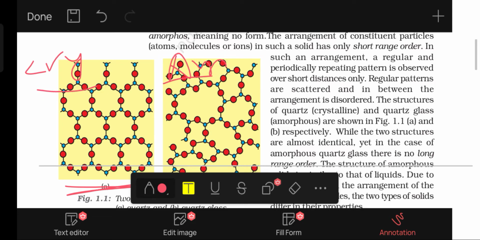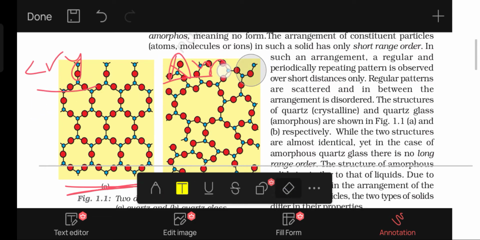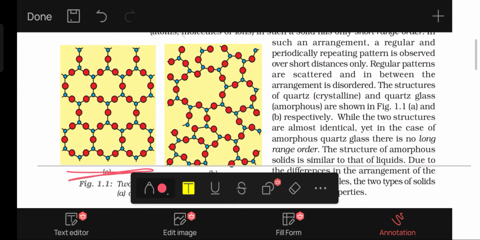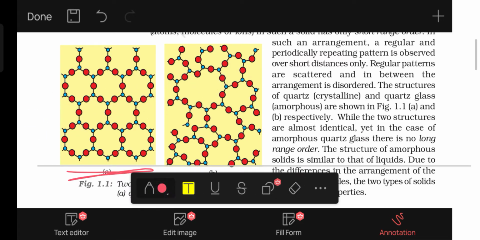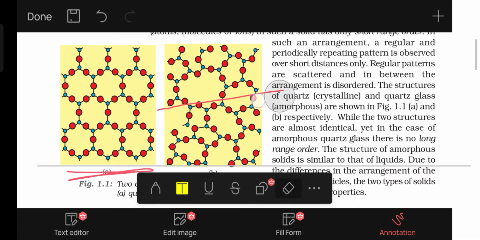You can clearly see the difference between these two. For example, when we cut this from this place, it will be a pretty smooth surface, as seen before. But if we cut it from here, then this could be irregular.